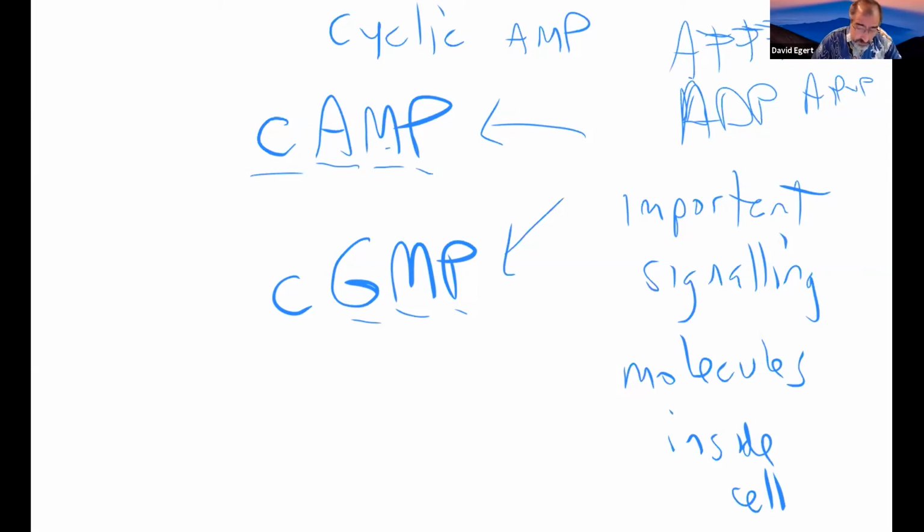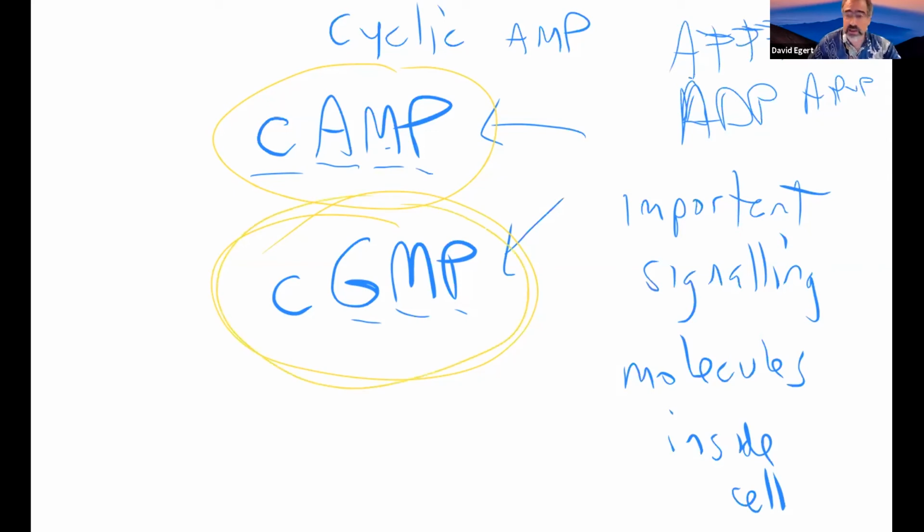These are going to be super important key players in signal transduction, like how you go from something binding a receptor to an actual action occurring within the cell. Core player in your rods and cones converting light into electrical signals. Core players in sexual arousal leading to an erection, all sorts of stuff.